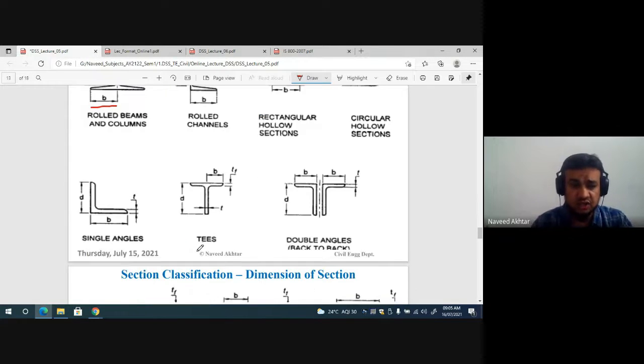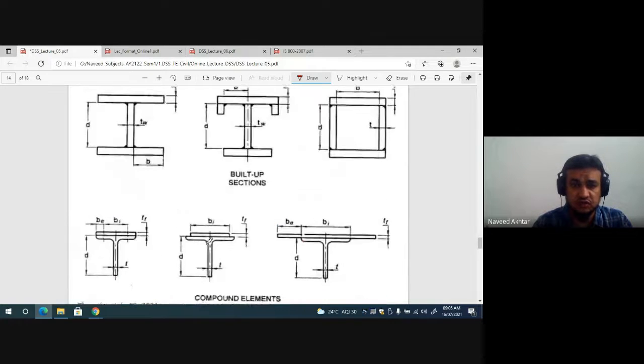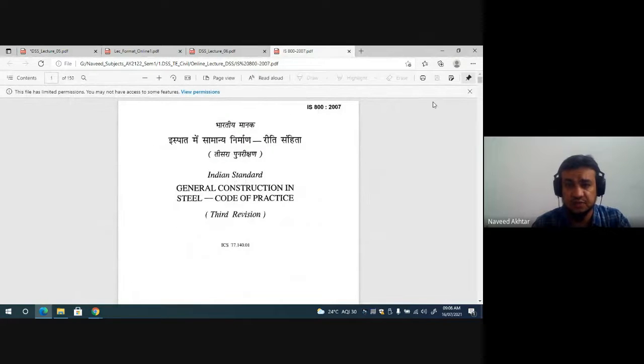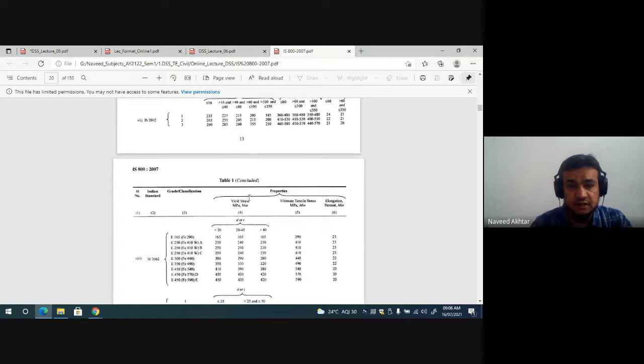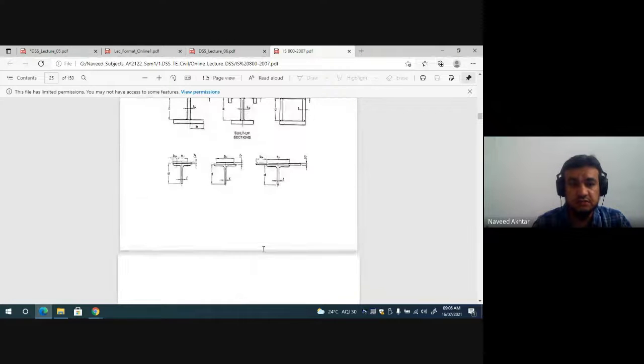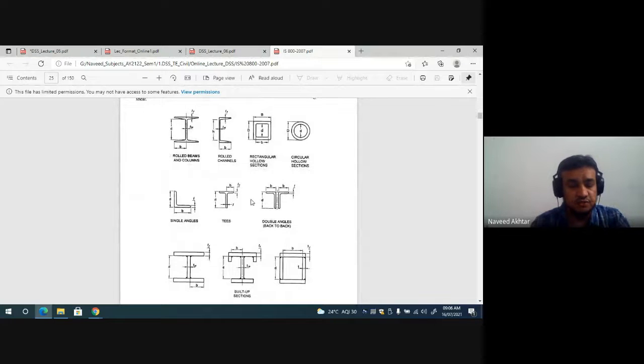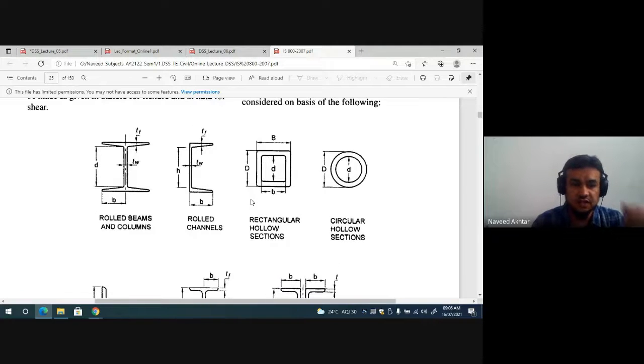This figure is also available in your IS 800:2007 on page number 19. On page number 19, these figures are given: what B you have taken on the I section, and when we go for the channel section what B you have taken, what is the D, and what is the H value for all sections, what is capital D, what is small d.